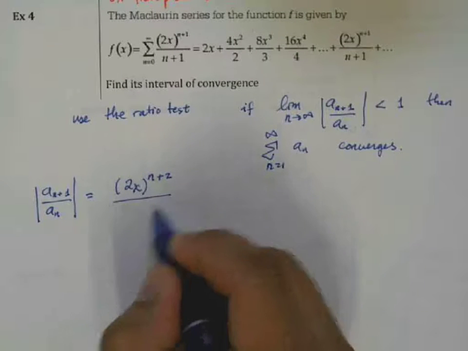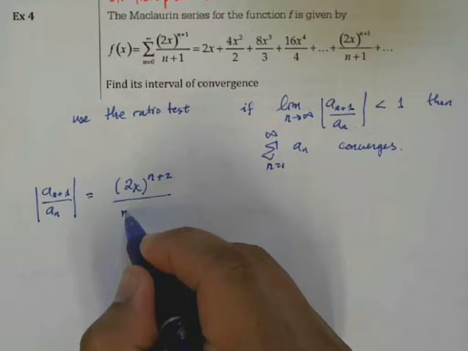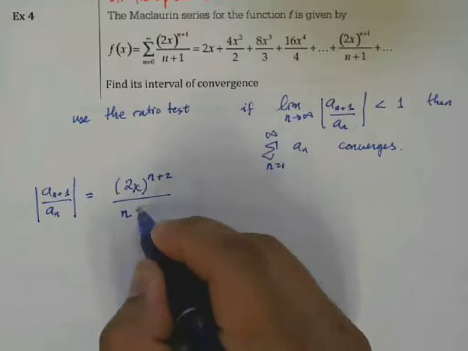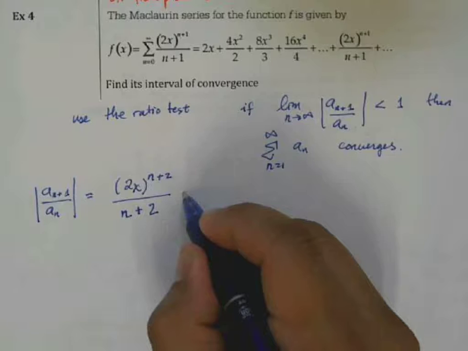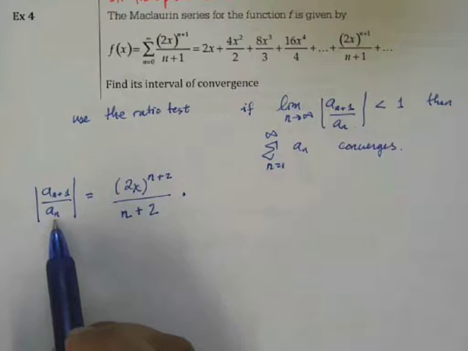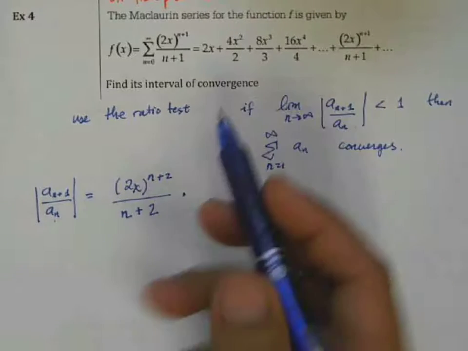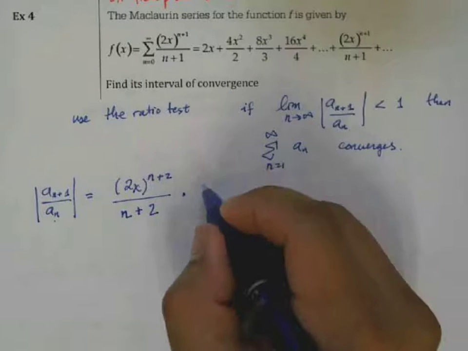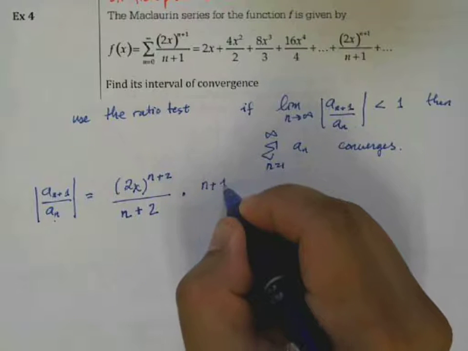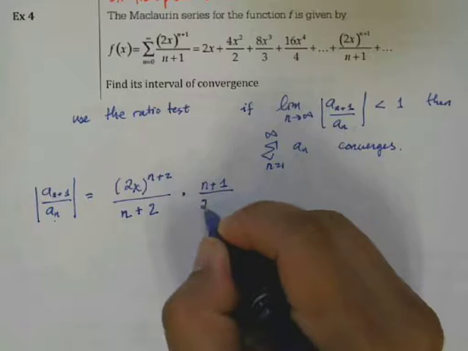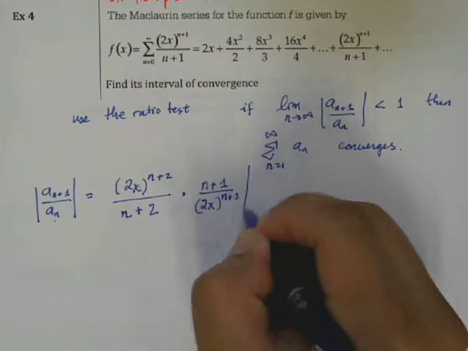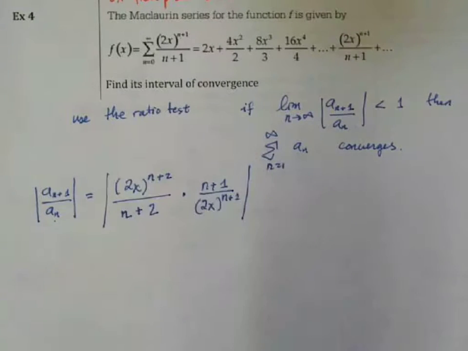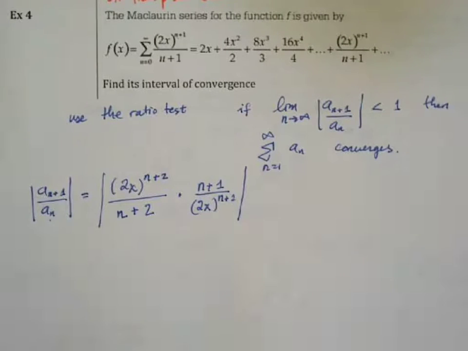In the denominator, we will get n plus 1 plus 1, so this will give me n plus 2, times. Now, instead of dividing by a sub n, it's the same thing as multiplying by the reciprocal, so we take the general term again, n plus 1 over 2x quantity to the n plus 1. Absolute value around the whole thing, that's very important.